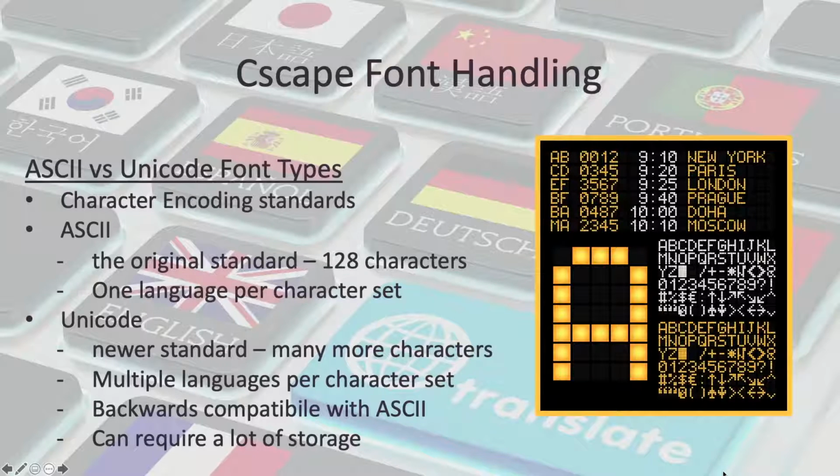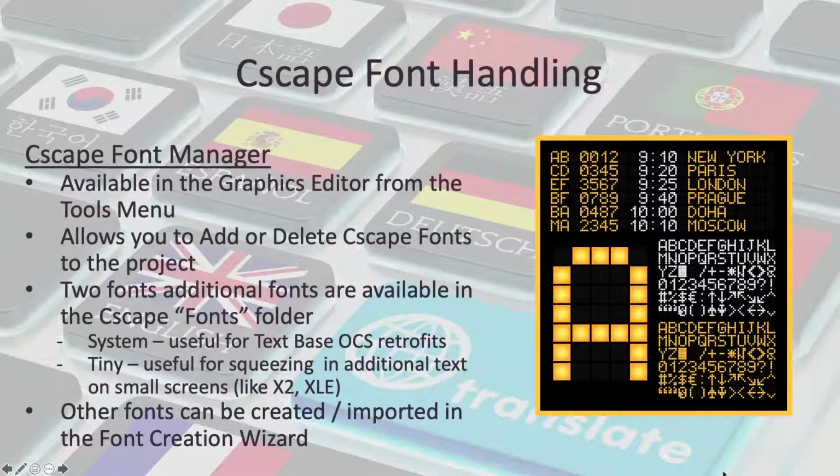The first section of Unicode, the lower 128 characters, are all identical to the character map in ASCII. That makes things a little bit simpler. But because of the sheer potential number of characters per character set, Unicode can require a lot of storage. Keep in mind, an OCS doesn't have an unlimited amount of space to store custom fonts.